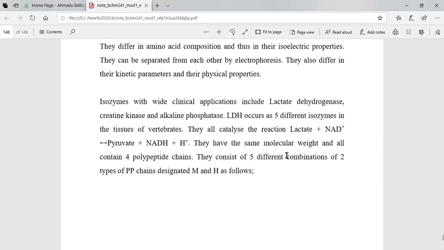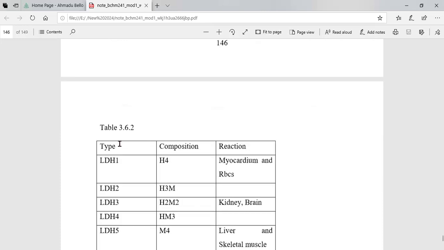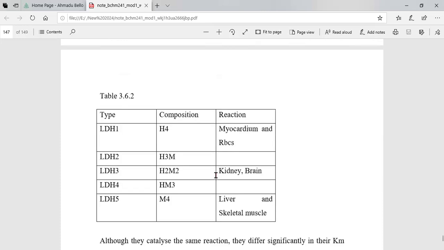They consist of 5 different combinations of 2 types of polypeptide chains designated M and H, as shown here in the composition, the type, and where they are found. Lactate dehydrogenase 1 to 5 are H4, H3M, H2M2, HM3, M4. These are found in myocardium and red blood cells, kidney, brain, liver, and skeletal muscle.